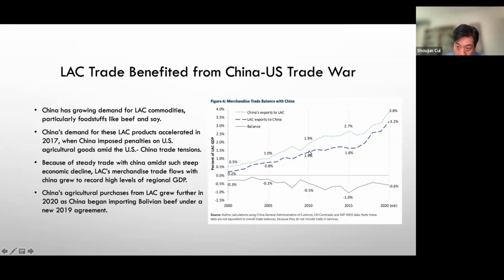And the dark blue line is Latin America export to China. You can see China's economy does matter to Latin America's exportation, and to Latin America's economic growth.